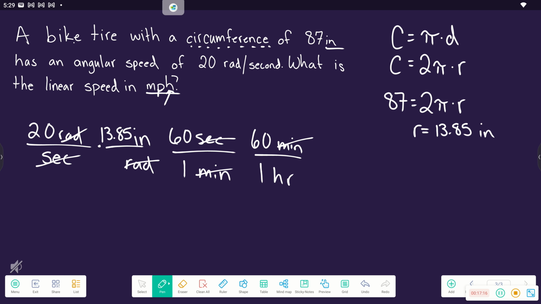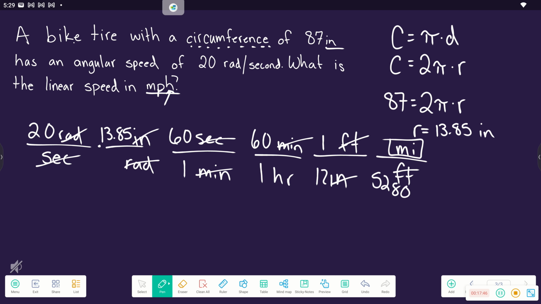And then I need to take those inches and turn it into miles. Again, we need to take a couple steps. First, I'm going to go from inches to feet. There are 12 inches in a foot. And then I am going to go from feet to miles. There are 5,280 feet in a mile. My feet cancel. My inches cancel. I'm left with miles per hour.